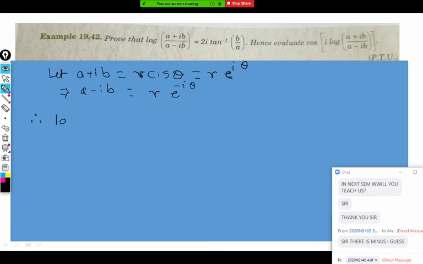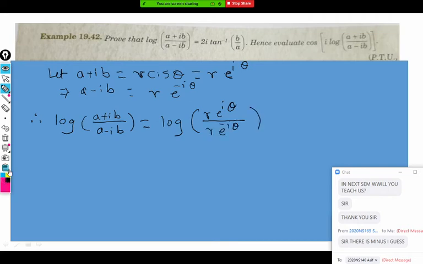Therefore, log of (a plus ib) upon (a minus ib) is equal to log of r e raised to i theta upon r e raised to minus i theta.